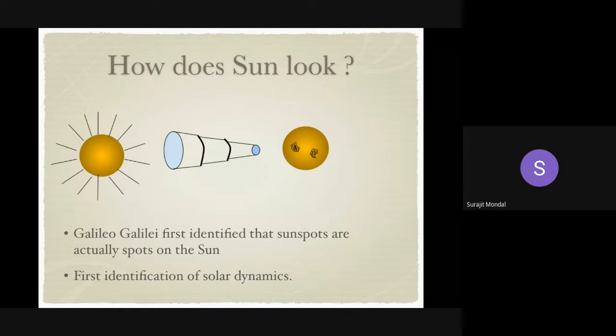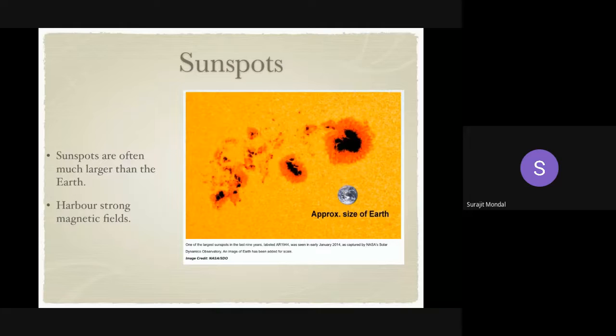Now, what are sunspots? Sunspots are regions where the observed solar intensity in the visible light is much fainter than its surroundings, so it appears dark. Here, this is an image taken from the Solar Dynamics Observatory, which is an instrument launched by NASA.